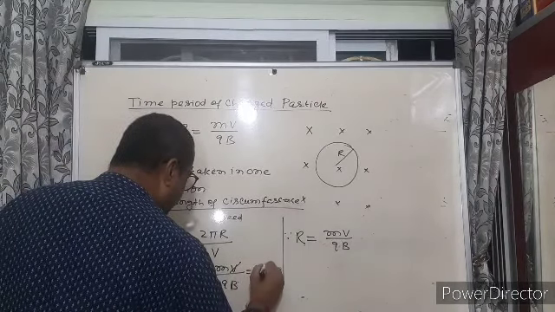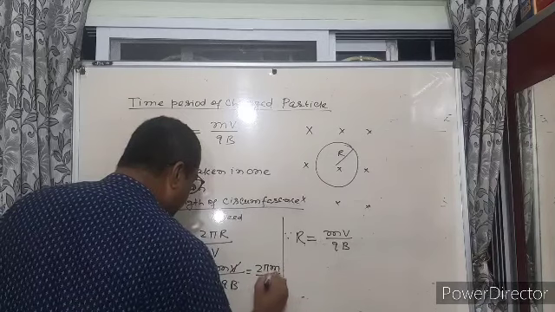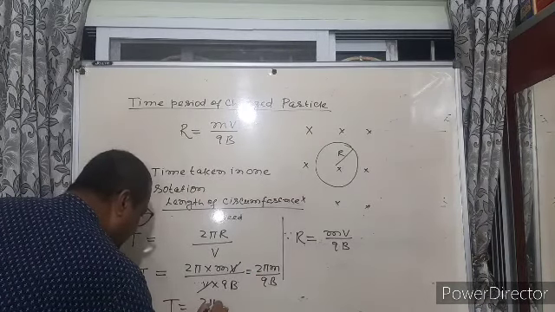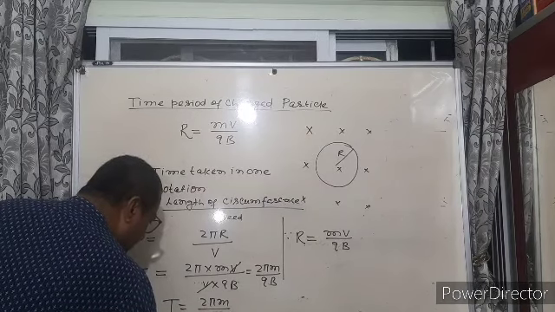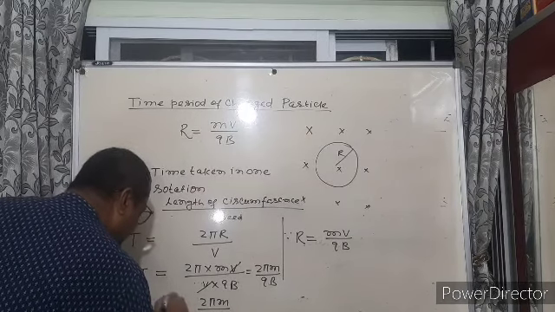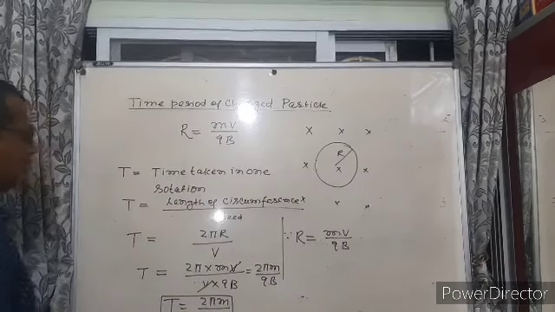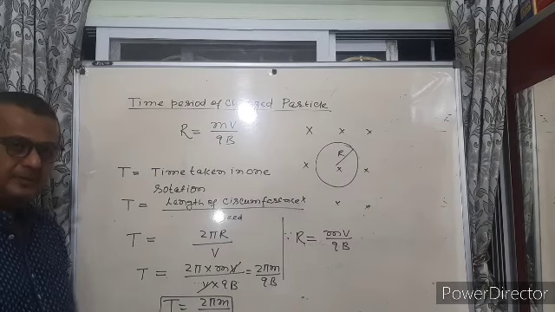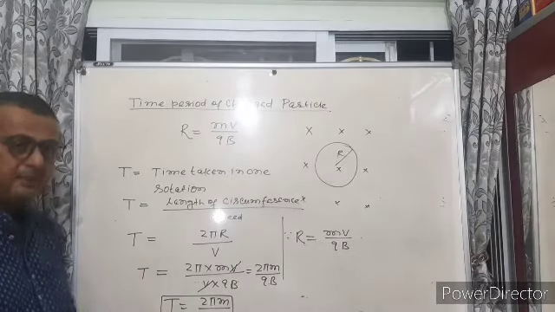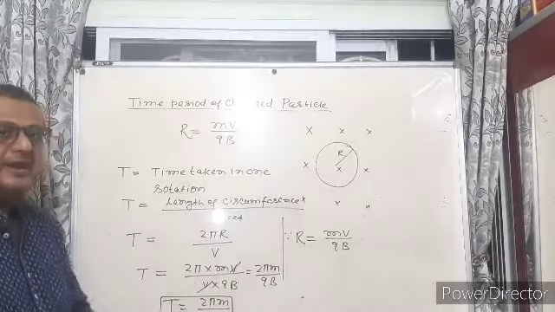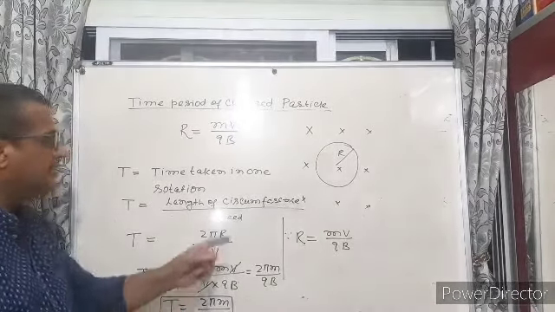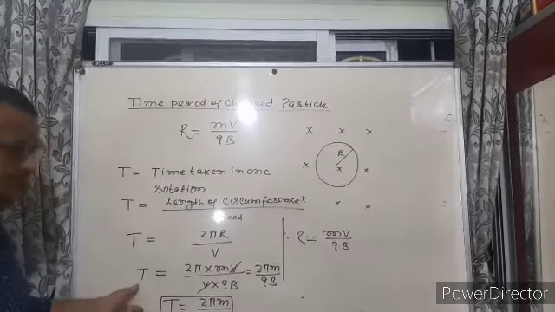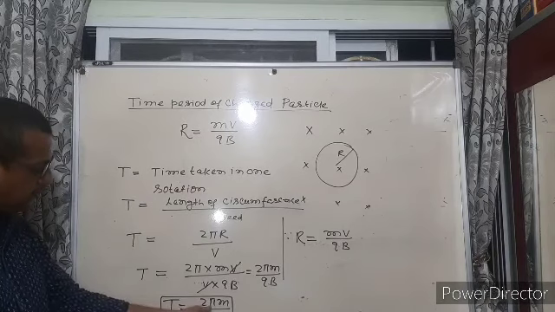This will be equal to 2 pi m by qb. So time period equal to 2 pi m by qb. This is the time period. I think that it is clear. This is the time period of the charged particle. When it enters in uniform magnetic field, then it moves once. That time is time period, and this time period is 2 pi m by qb.